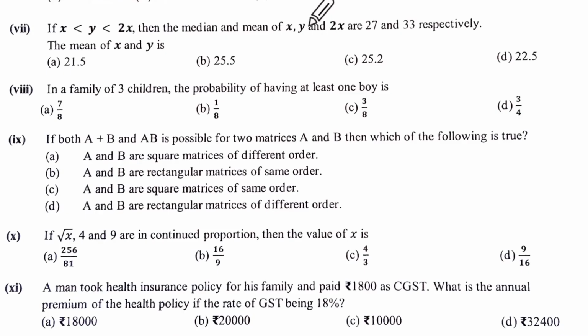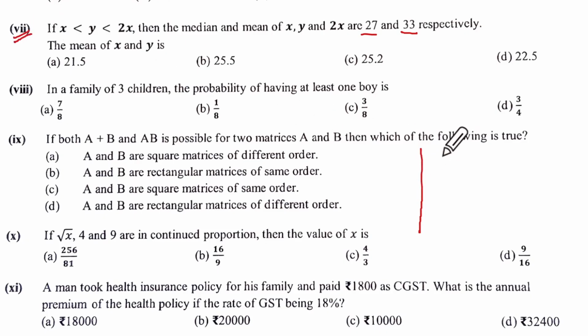Okay. So, what are they telling you then? The mean, median and the mean of x, y and 2x. They are this and this respectively. So by telling you this, what are they telling you? That this is the ascending order. Now, with the ascending order, I'll write the working over here, but you write in line with that 7th.